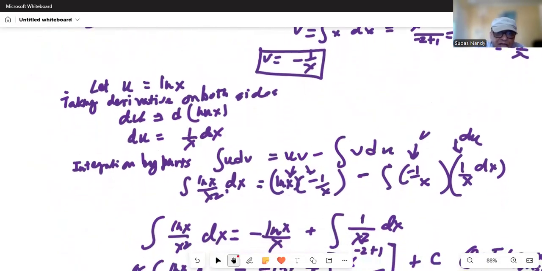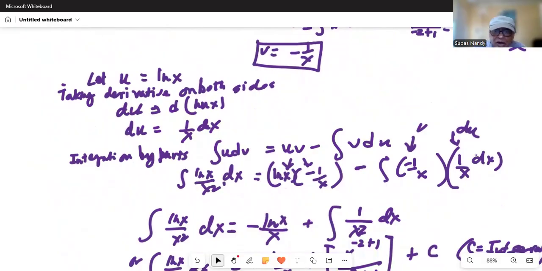And integrating by parts, integration of u dv is uv minus integration of v du. So again, integration of ln x by x squared dx, which is the original function given to us. u is ln x, v is minus 1 over x, minus integration of v is minus 1 over x, du is 1 over x dx.